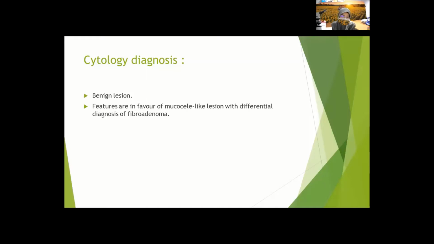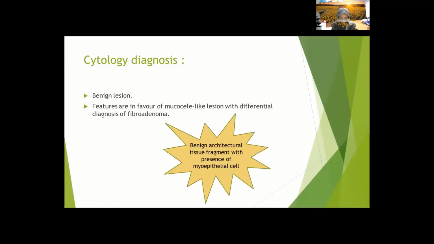So they put the diagnosis as in favor of mucocele-like lesion with a differential diagnosis of fibroadenoma. This applies the criteria of cellularity, architectural tissue fragments, and background material, just like I mentioned just now.